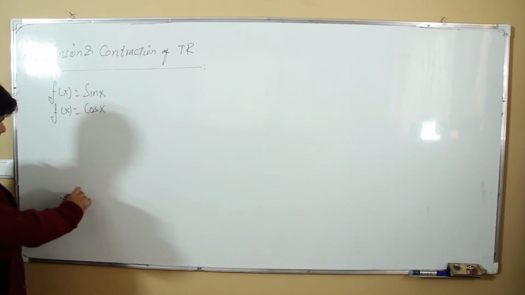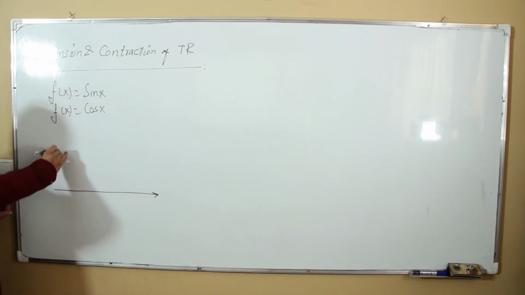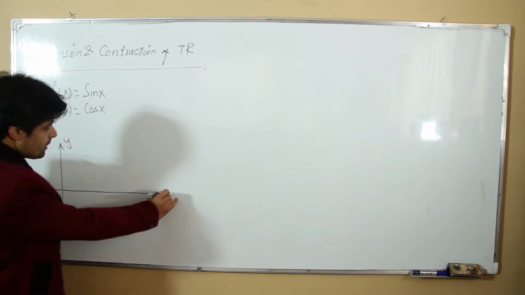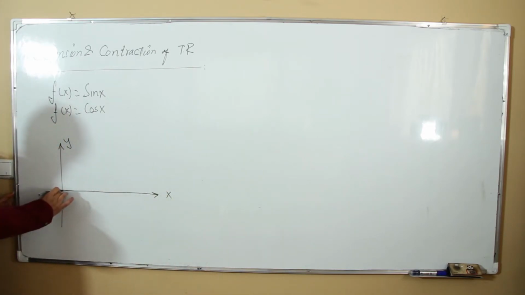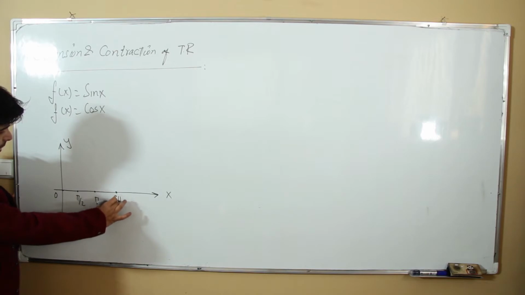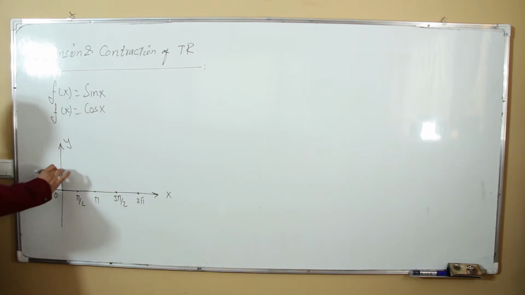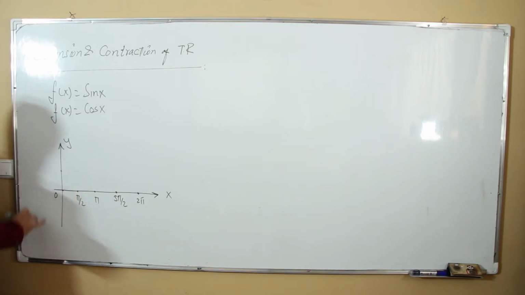Just for a revision, if you want to draw the graph of sine: this is our y-axis, this is our x-axis, this is 0 degrees, this is pi divided by 2, this is pi, this one is 3 pi by 2, and this one is 2 pi. You know the maximum value of sine is +1 and the minimum is -1.